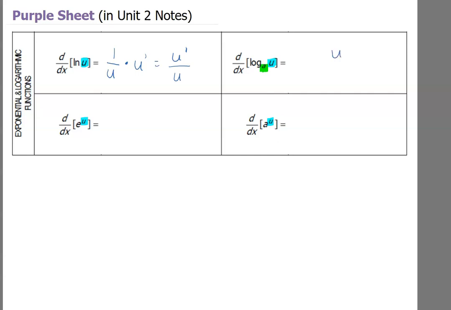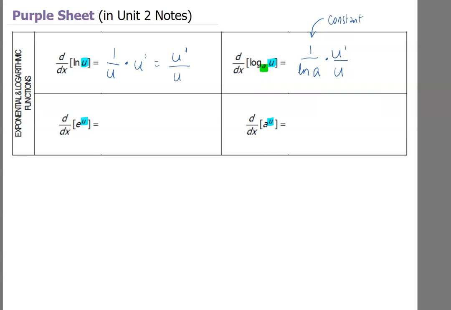It stays basically the same, u prime over u, just like we had on the left. But we make an adjustment with a constant. So if this were log base 2 of u, then we'd have a constant 1 divided by natural log of 2. Basically what this thing does is it switches it from a bad base that calculus doesn't like into a good base of e, which calculus really likes.